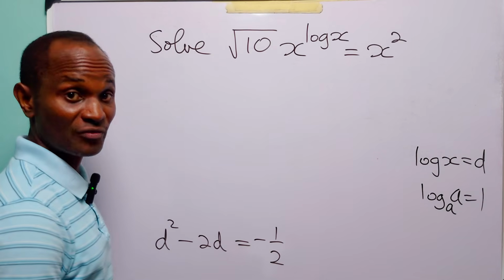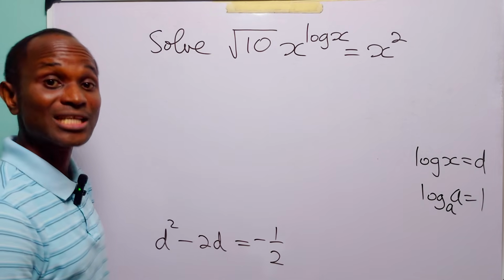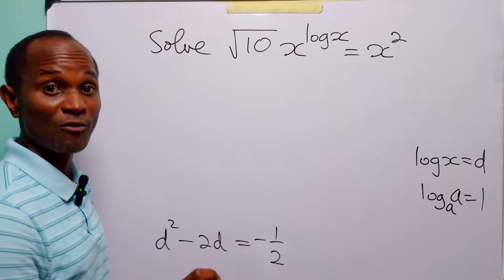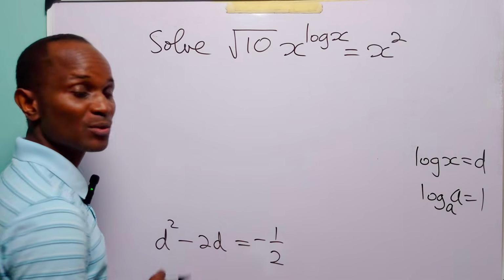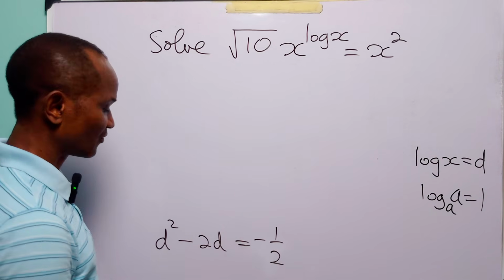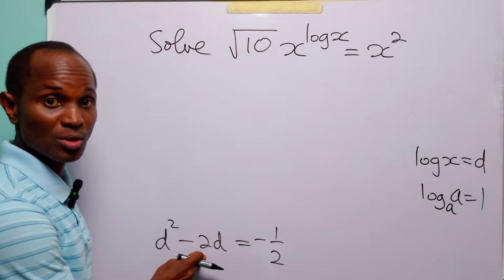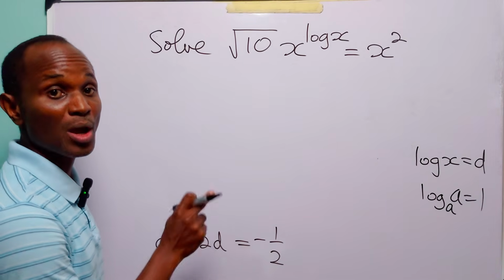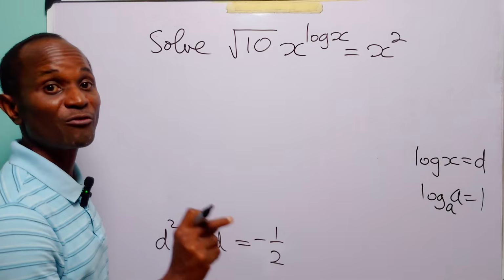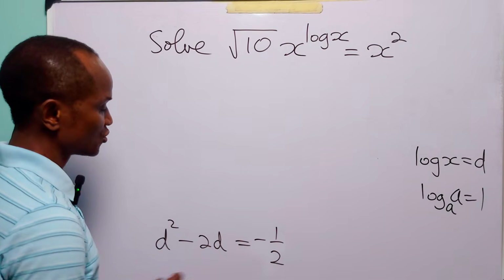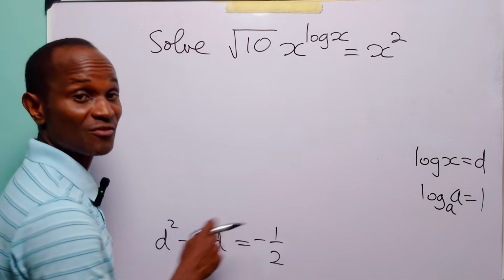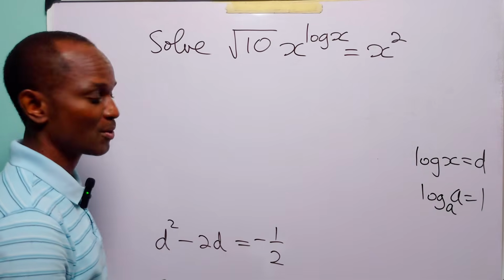Now, the next step is to add the square of half the coefficient of d to both sides of the equation. What is the coefficient of d? It is minus 2. What is half of minus 2? Minus 1. The square of minus 1 is 1. So we are going to add 1 to both sides of this equation to complete the square.